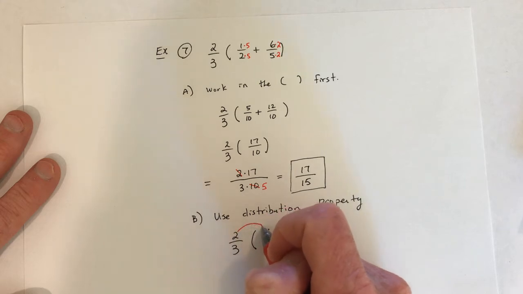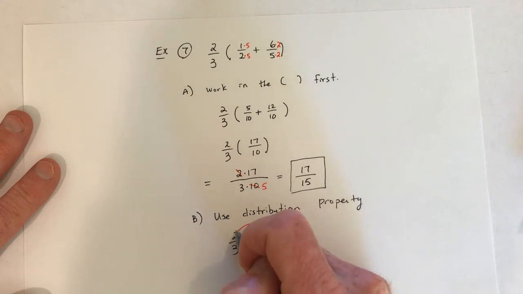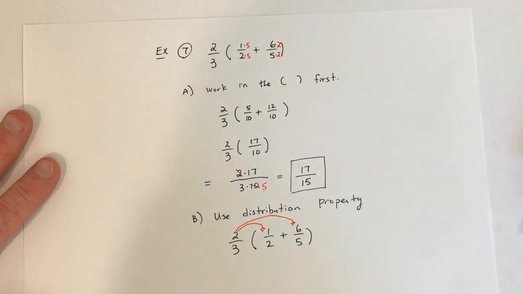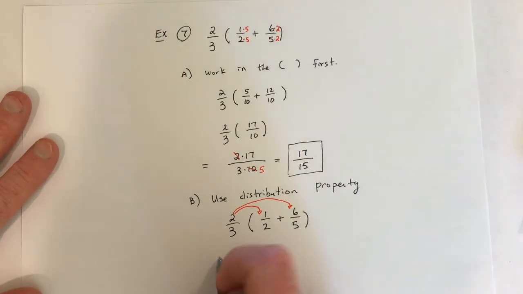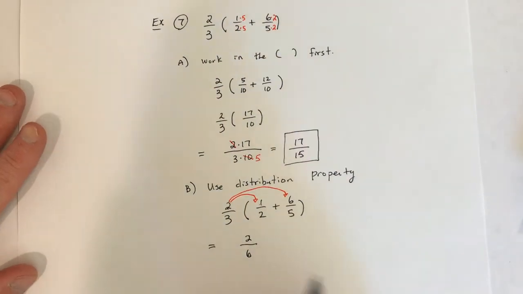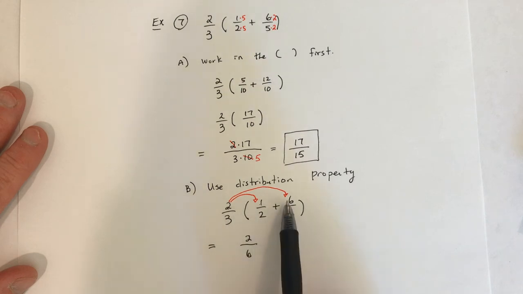And then distribute, multiply those two fractions, distribute, multiply those two fractions. So when you multiply these two, the top is going to have 2 and the bottom is going to have 6. So it's going to be 2/6. When you multiply this and this last one, it's going to be a 12 on top and a 15 on the bottom.